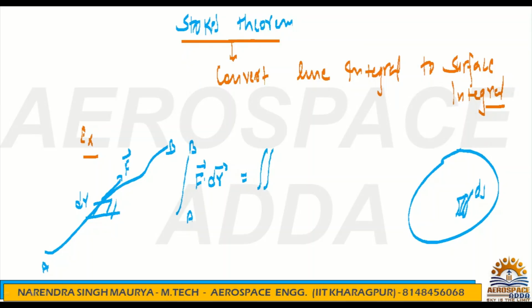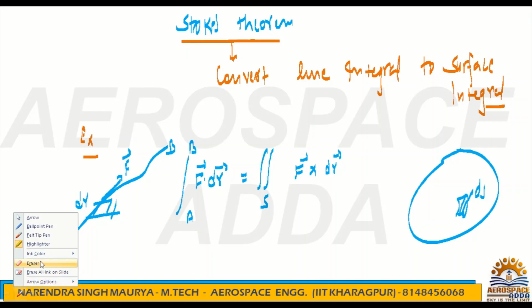So this is the surface, so you can write here S for the surface integral, and this value will be, whatever the vector we have, F vector, cross of, not dr, it's just because now it has become a surface integral.